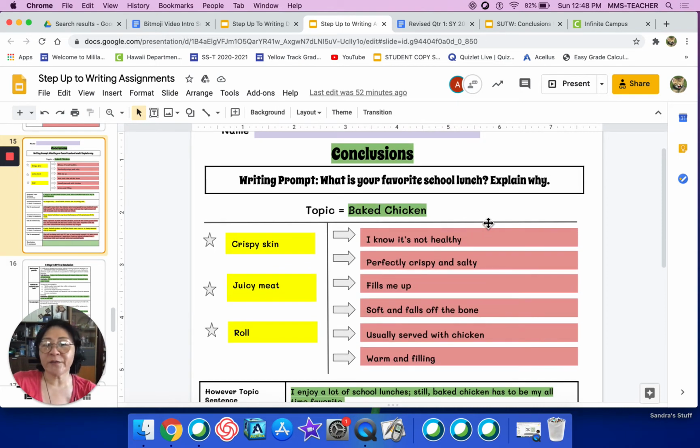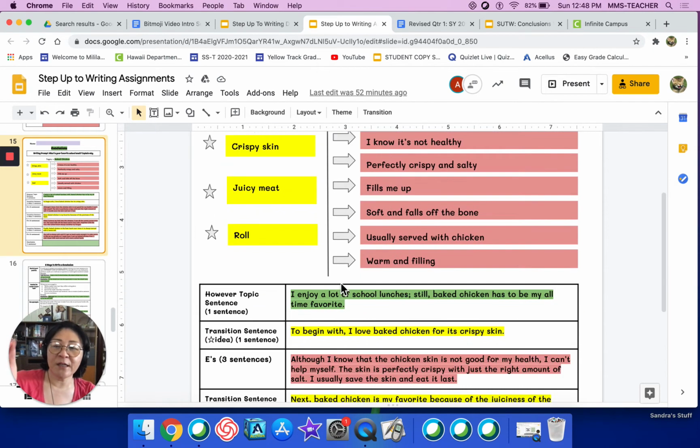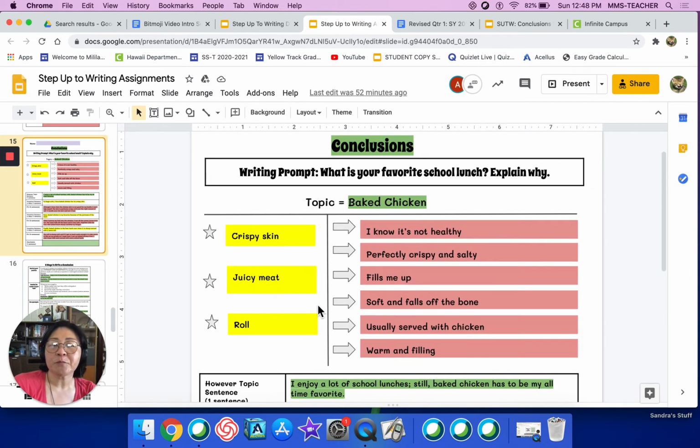And in all the previous slides, it's been about baked chicken. Okay, so slowly we've been filling this T-chart out and then doing what we call an accordion paragraph here. So the topic is baked chicken. All of this should look familiar, actually. The first star idea is crispy skin, and the E's that support it are that it's not healthy and it's perfectly crispy and salty.